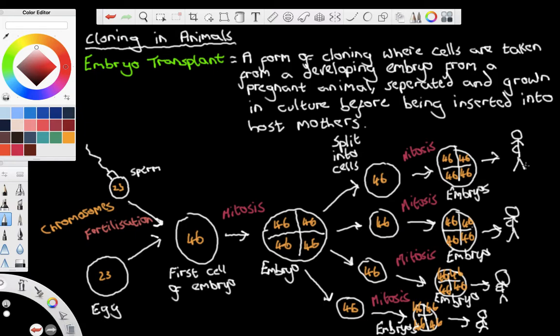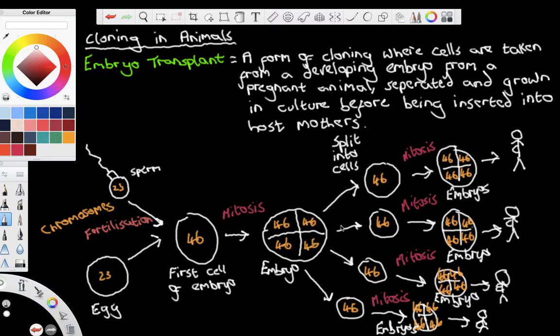So an embryo transplant is a form of cloning where cells are taken from a developing embryo from a pregnant animal, separated and grown in culture before being inserted into host mothers. So it might be that you want, for example, a cow that produces lots of milk. You notice that you've got a male and a female that produce lots of milk. You know the gene that allows them to produce lots of milk. You let them reproduce with each other and they make an embryo.